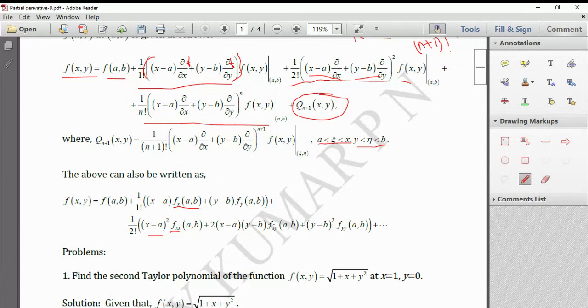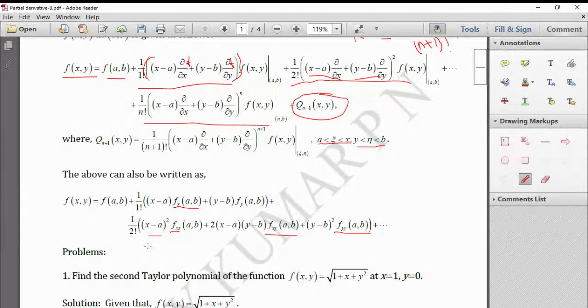So you'll get fxy at (a,b), plus (y minus b) whole square into ∂²f/∂y² at (a,b), that is fyy at (a,b).